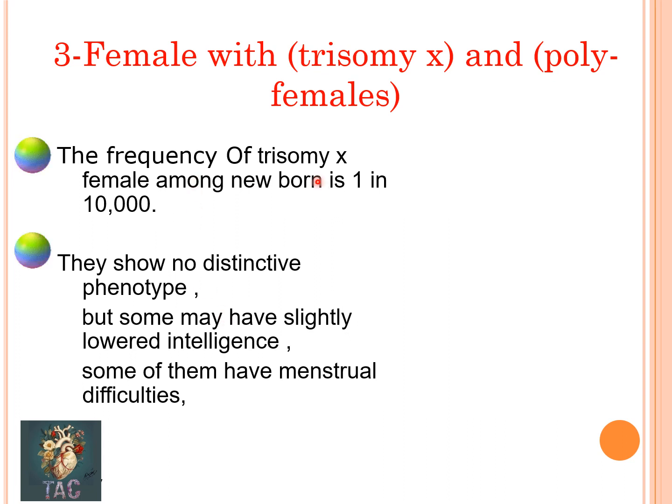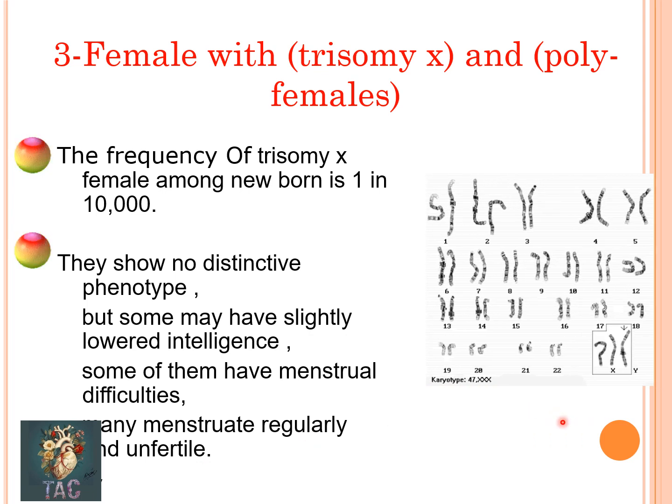Their frequency is 1 in 10,000 live-born females, but usually an extra number of chromosomes can lead to mental retardation or lowered intelligence. They menstruate regularly but are usually infertile. So this is the chromosomal pattern. You can see an extra copy of the X chromosome in a normal female.